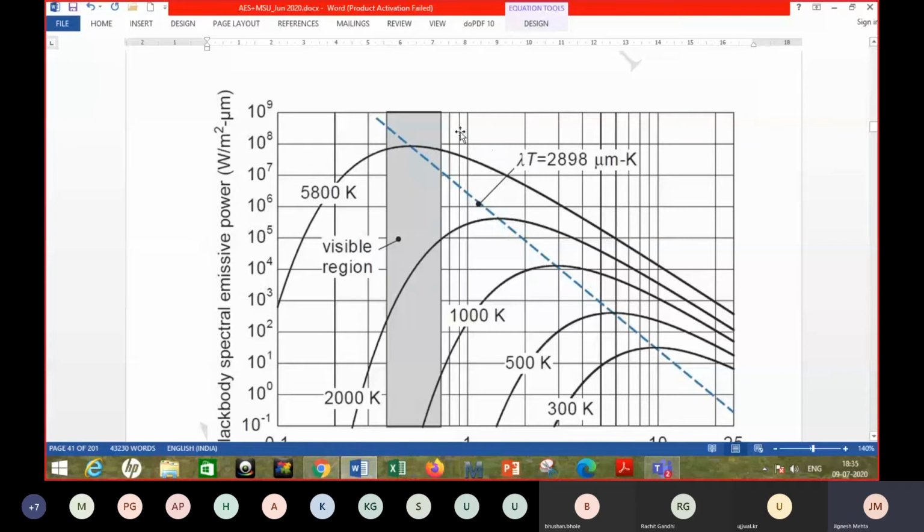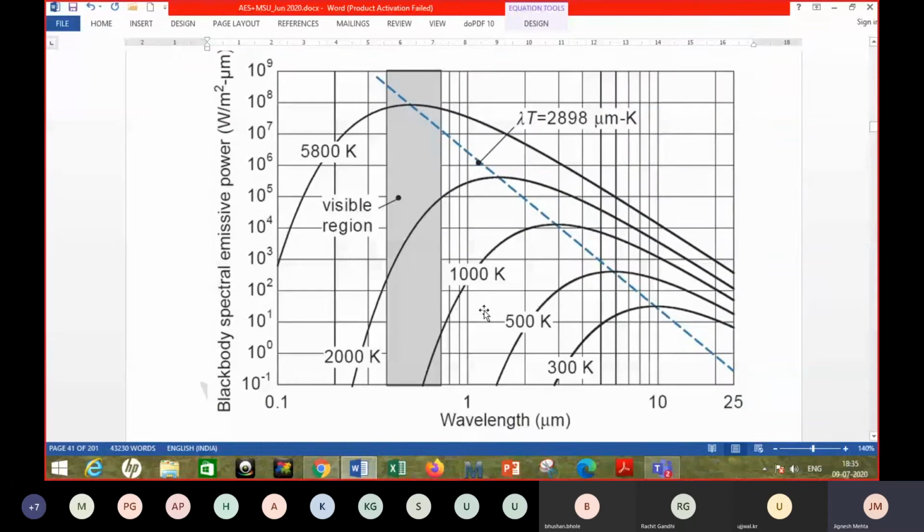As you can see, this is the peak radiation. This is 10 raised to 8 at 5800 Kelvin. According to this, lambda T is equal to 2898. But if your temperature is lower, let's say 2000, you put it here, your lambda will be higher. So you get the maximum radiation somewhere at this point, somewhere between 1 and 2, it seems.